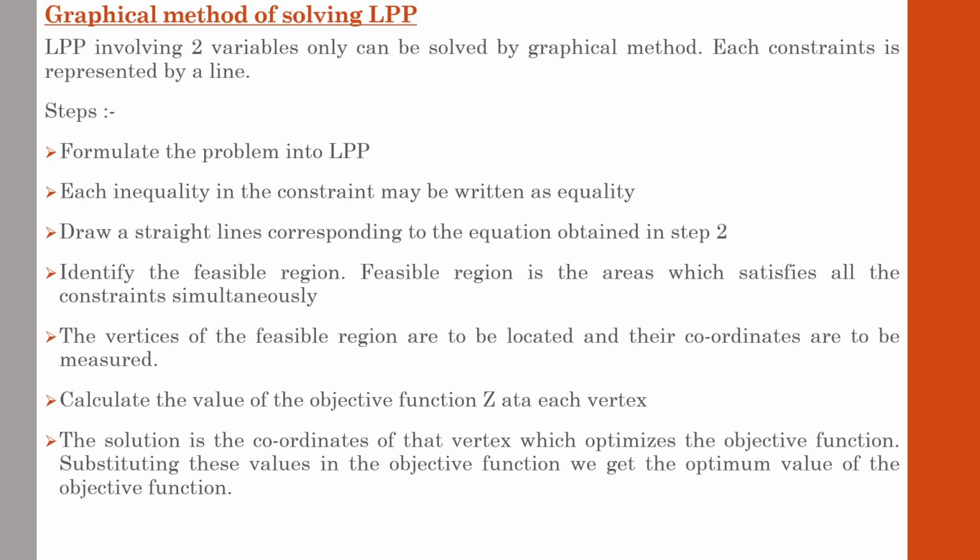We will use that equation, substitute the values of x1 and x2 at each vertex, and find the value of the equation. The situation in which you get the highest value is the optimal one for the maximization function.